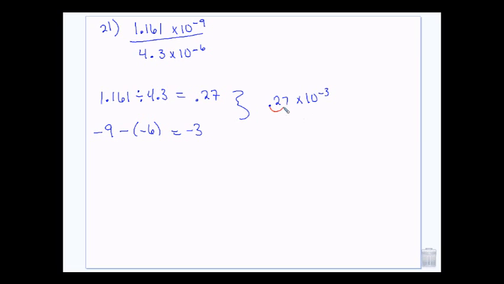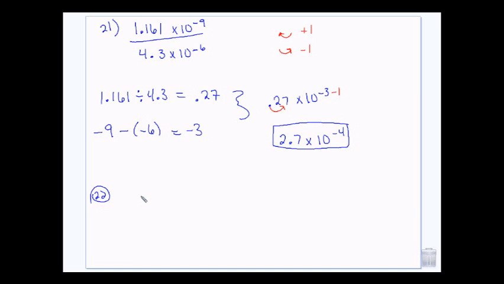So I move this way, so then I subtract 1. If I move this way, I add 1. So this is actually going to be 2.7 times 10 to the -4th. The decimal always has to come after the first digit. Yeah, exactly. Opposite of the number line.